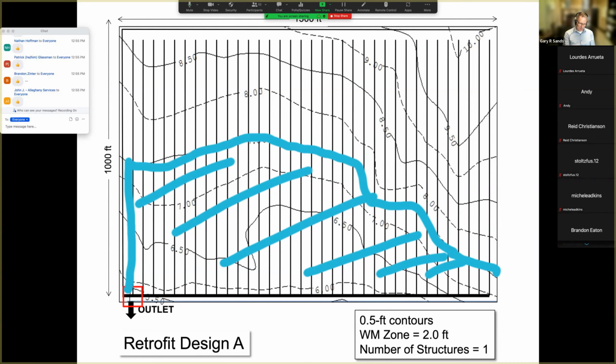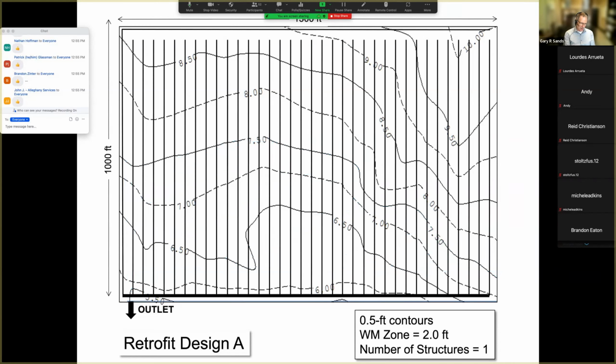What if we were to place the structure as we did before, because it has to be on the main, and manage it for the 6 to 8 foot elevation difference. So manage it as if the start of our zone is at 6 feet, even though the structure itself is at 5.5 feet. Manage it for 6 feet to 8 feet.